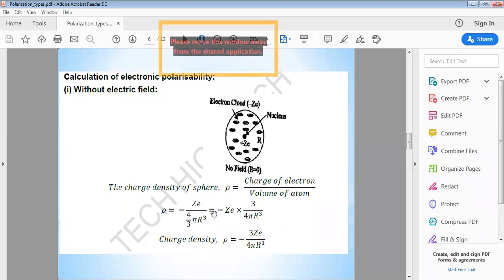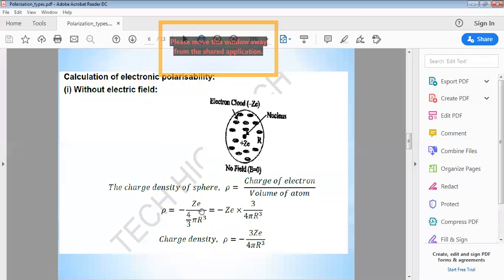So Z gives the number of electrons and E is the charge of the electron. When you take one atom, the total charge is Ze, divided by the volume, which is 4 by 3 pi r cube.